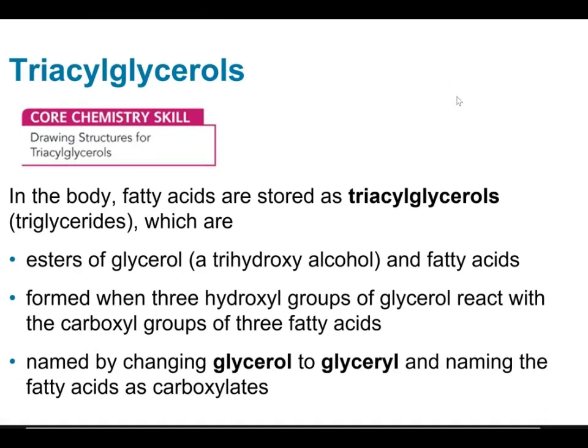Now, when we store energy in the form of fat, we don't store it as a fatty acid per se. We store it as esters, okay? So-called triacylglycerols, okay? Or sometimes we call them triglycerides.